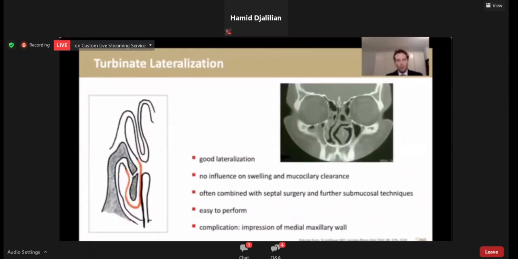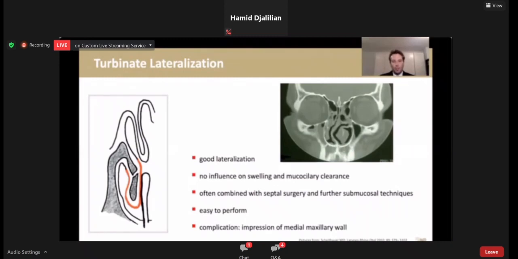I want to go through the different procedures now, and I want to start with the turbinate lateralization or the outfracturing procedure. This is due to the name. It gives a good lateralization of the inferior turbinate, but there is no influence on the swelling and the mucociliary clearance, due to the fact that the mucosa and also the submucosal tissue stay intact.